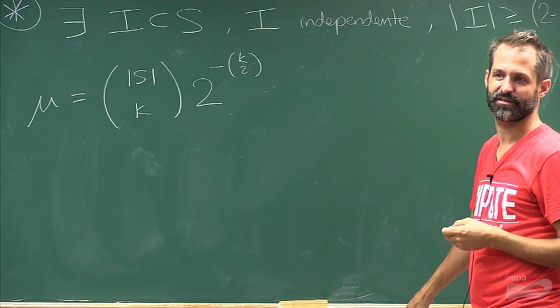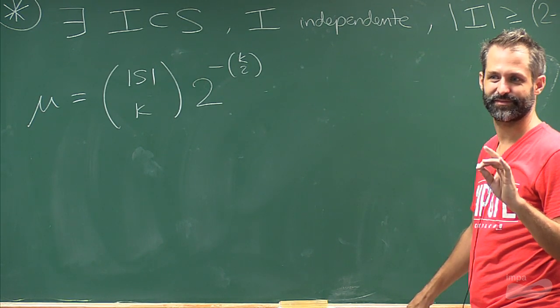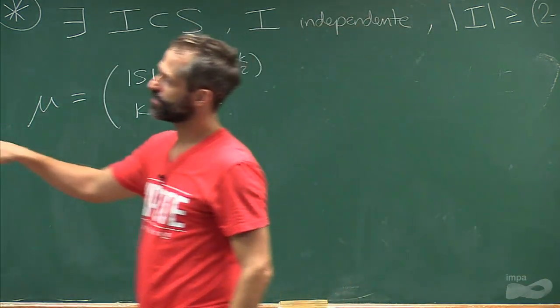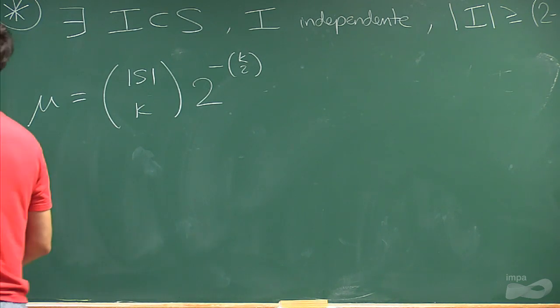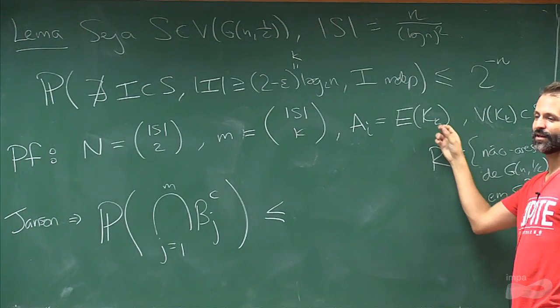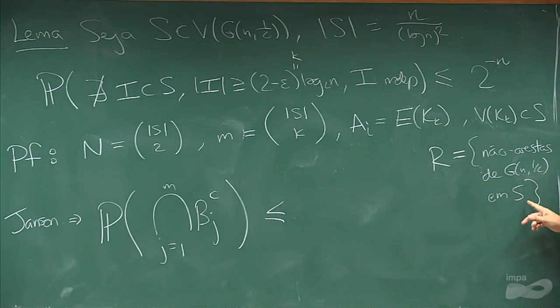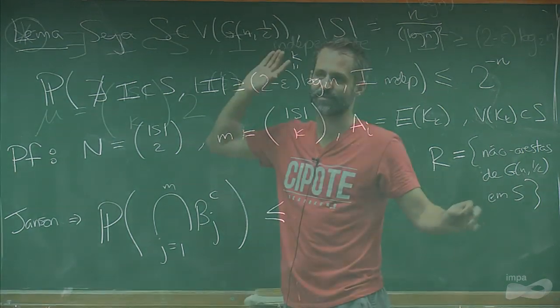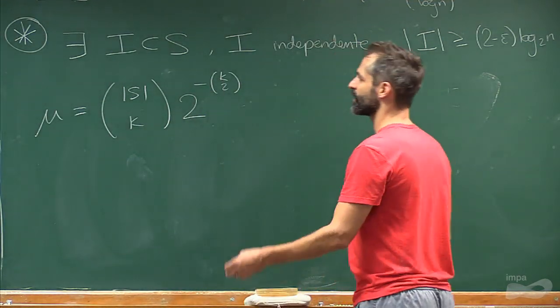Each of them is the edge set of a K_k, so k choose 2 edges, and each is present or not present with probability a half. How many are there? S choose k. It's the same calculation as we did with Ramsey, exactly the same thing.